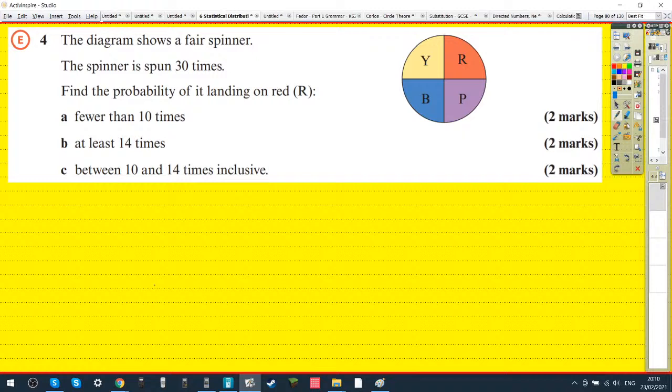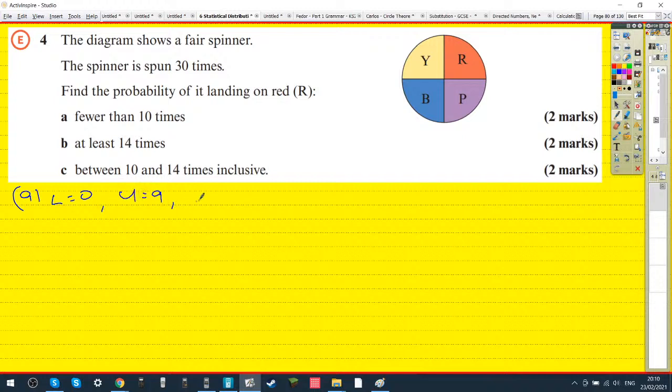Alright, how about this? Spun 30 times. Find the probability of it landing on red fewer than 10 times. So for this, the lower would be 0 and the upper would be 9.